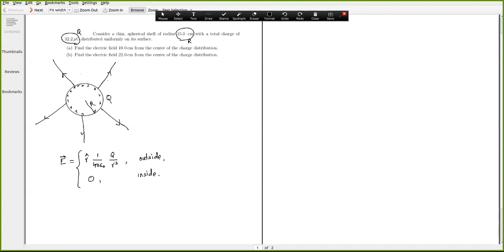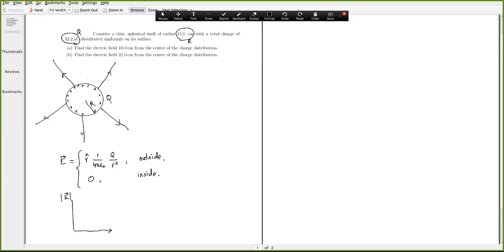So if I were to plot the electric field, let's say the magnitude of the electric field is being plotted.